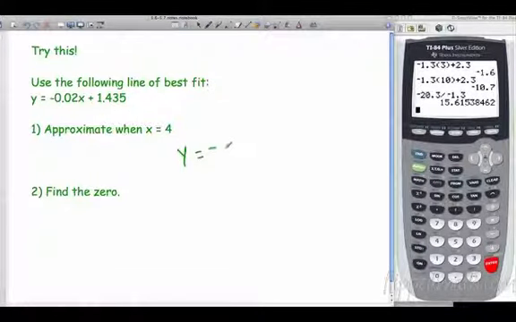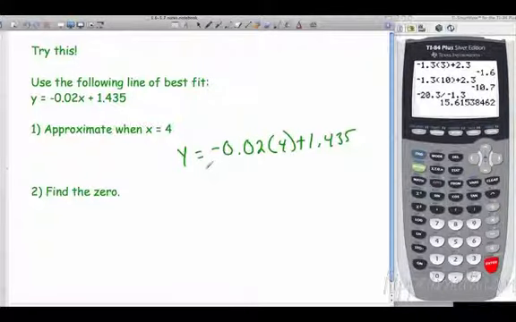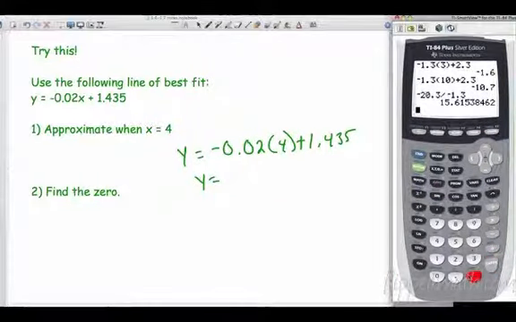Y equals negative 0.02 times 4 plus 1.435. So here we go. I'm going to put this right in here: negative 0.02 times 4 plus 1.435.